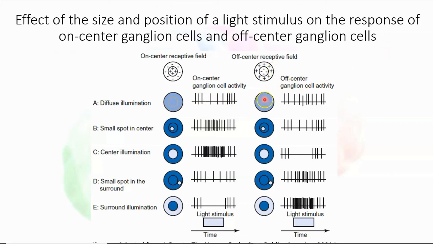Off-center ganglion cells, on the other hand, are inhibited by light in the center and excited by light in the surround.